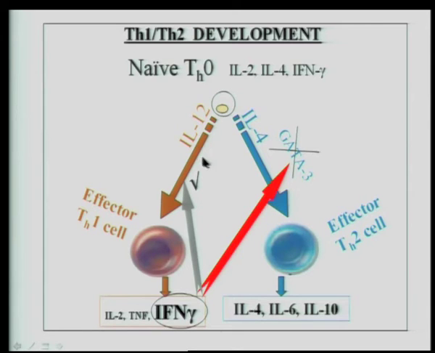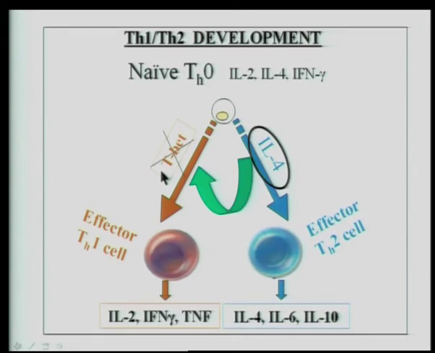On the other hand, this enhances the IL-12 mediated T-bet activity. If you go on further, IL-4 does the job by inhibiting the T-bet transcriptional factor. So, these are the ways by which these two cell types are mutually inhibiting each other.